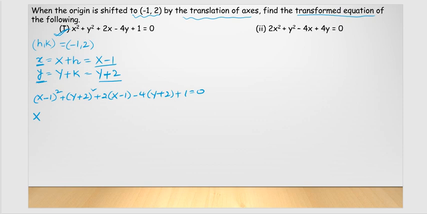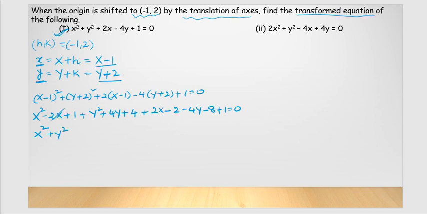Now on expansion, what am I going to get? Capital X square minus 2 times capital X plus 1, plus capital Y square plus 4 capital Y plus 4, plus 2 times capital X minus 2, minus 4 times capital Y minus 8, plus 1 is equal to 0. Now writing as per their degrees: X square plus capital Y square.